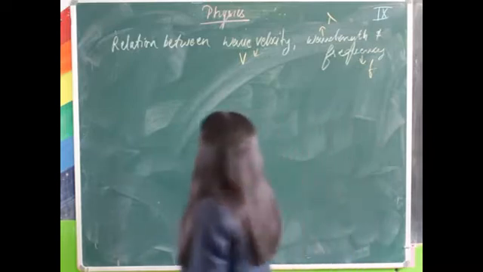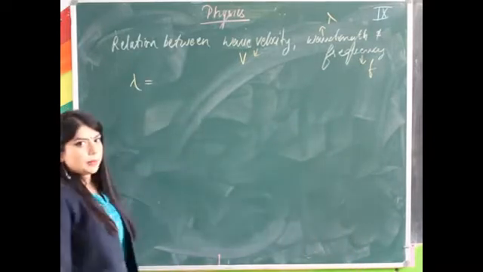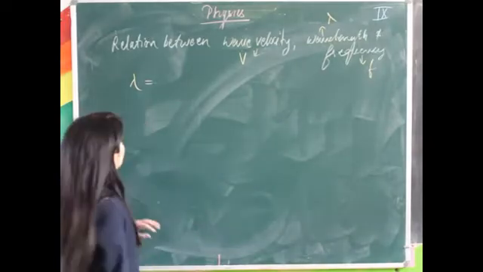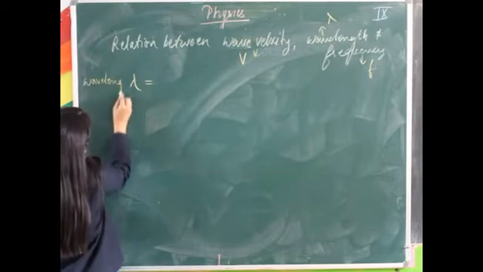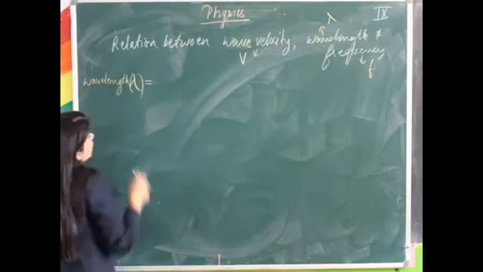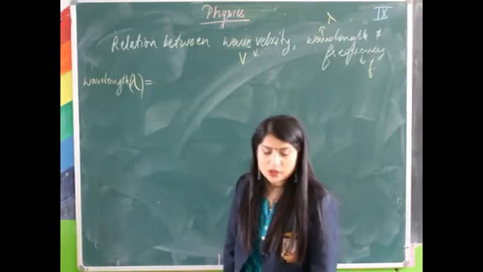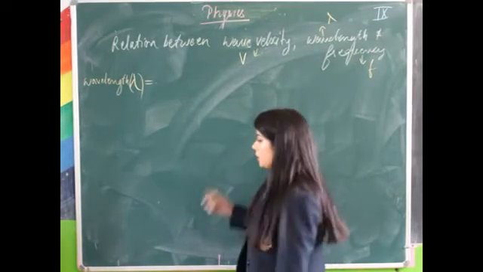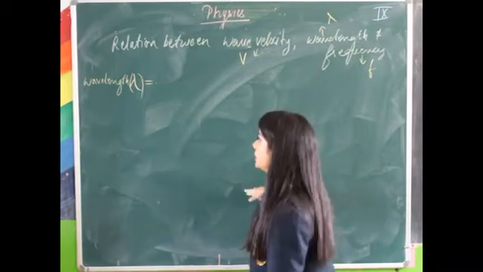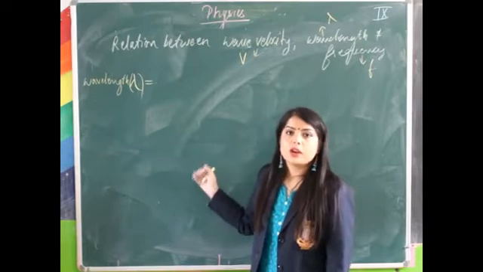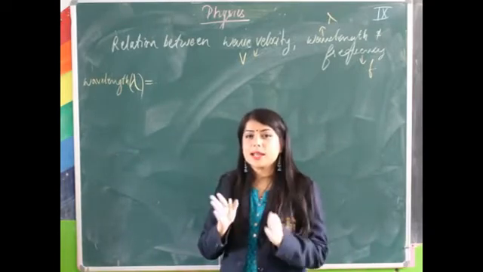Now by definition, what is lambda? What is your wavelength? Wavelength is actually the distance traveled by a wave in one time period. In both the graphs you have seen, you can go back to the portion over here, the wavelength and the time period were at the same place.